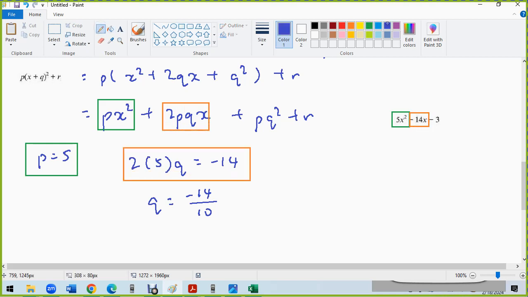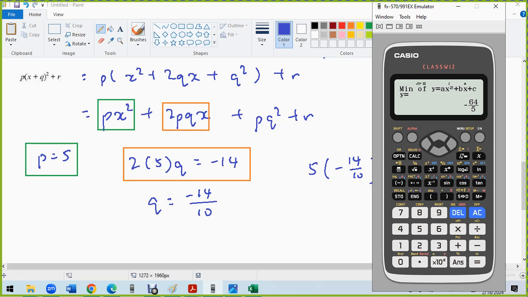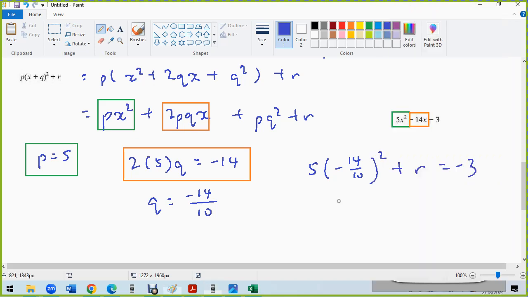And then pq squared plus r equals negative 3, so 5 times negative 14 over 10 squared is 49 over 5. So 49 over 5 plus r equals negative 3.